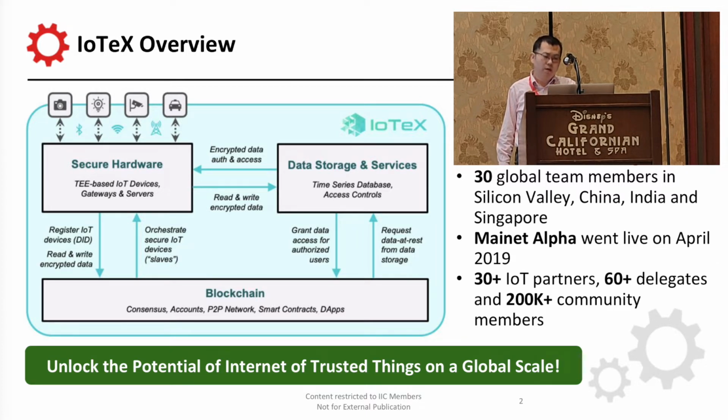Our ultimate goal is to unlock the potential of what we call the Internet of Trusted Things on a global scale. To this end, we have this reference architecture, which combines secure trusted hardware together with our blockchain, as well as secure cloud storage to build end-to-end trust for IoT solutions.